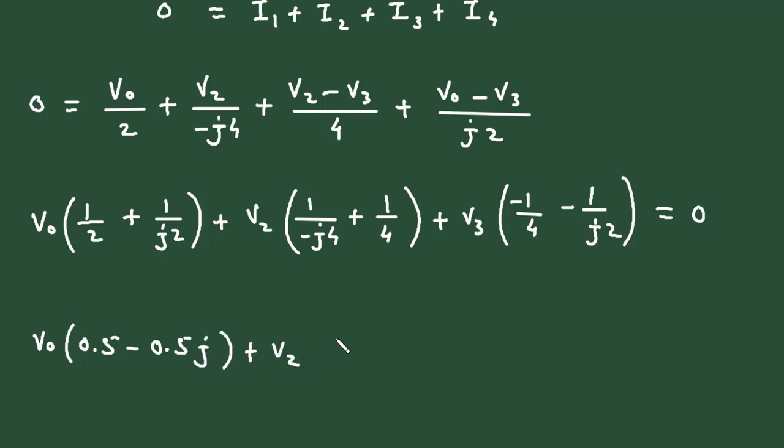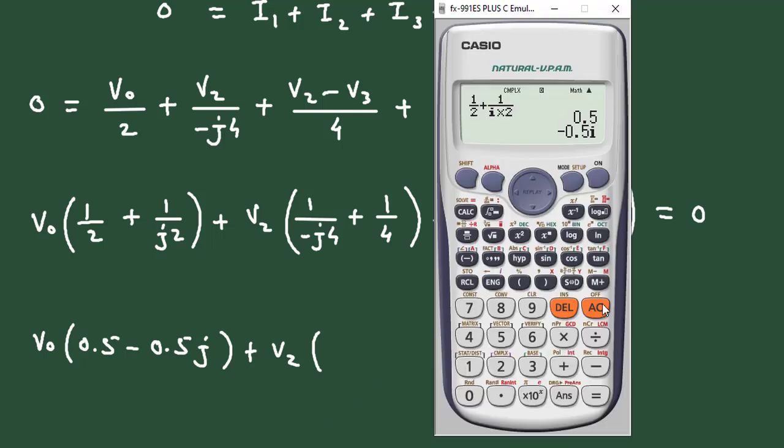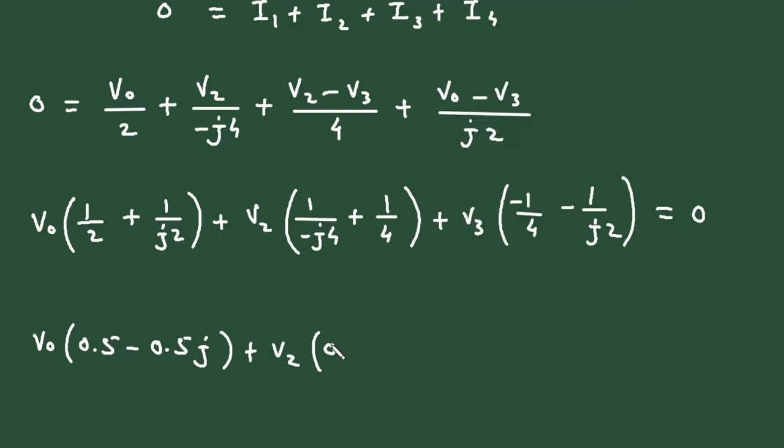Then plus V2 in bracket 1 upon minus j into 4 plus 1 upon 4, it is equal to 0.25 plus 0.25 j, then plus V3.